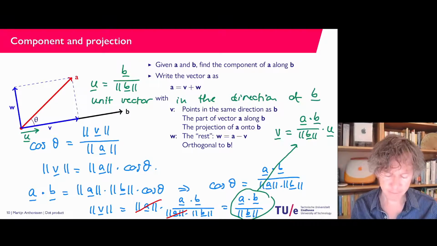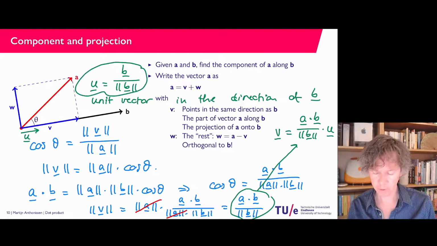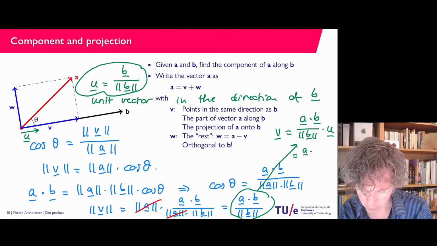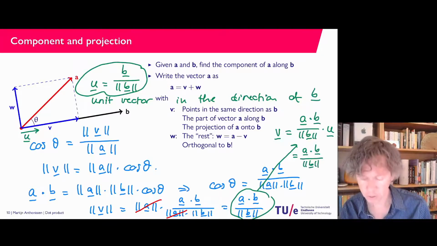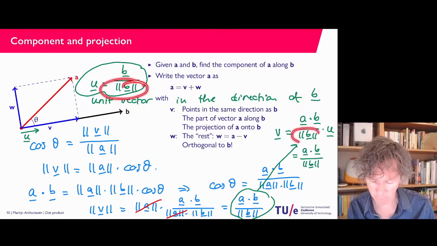And then finally I'm going to take this expression for u and plug that in, and then altogether we have A dot B over length of B squared, because there is a length of B here and a length of B here.